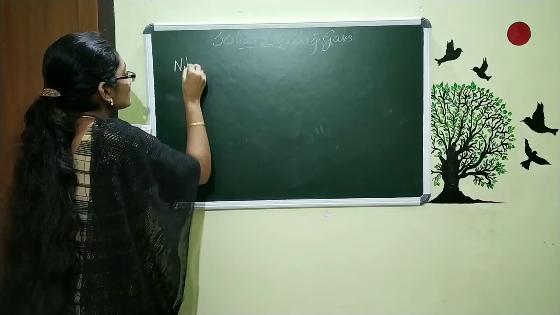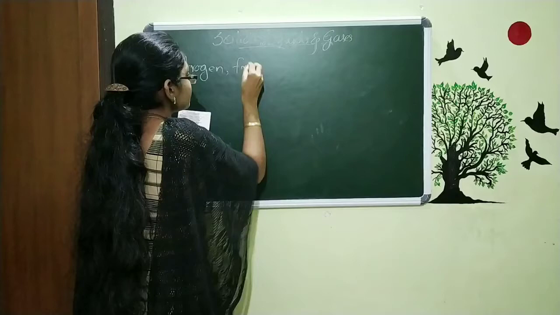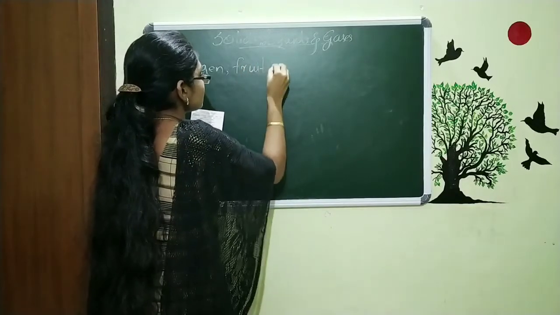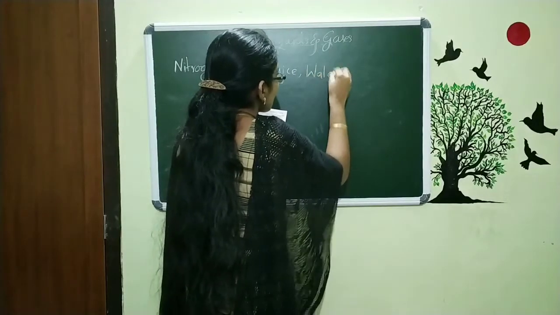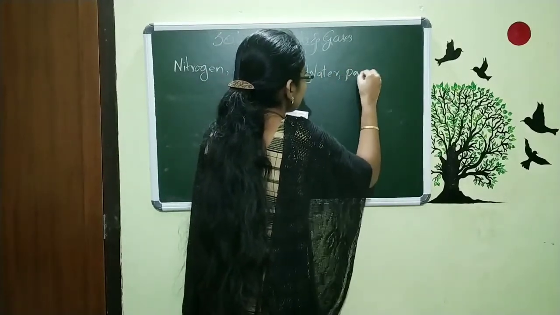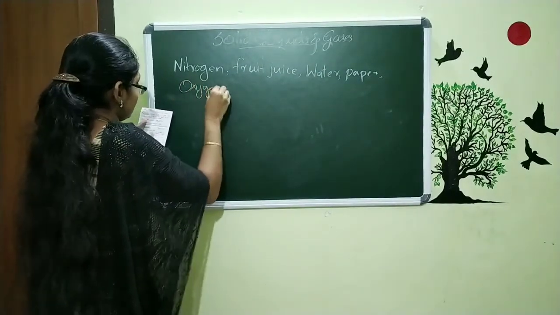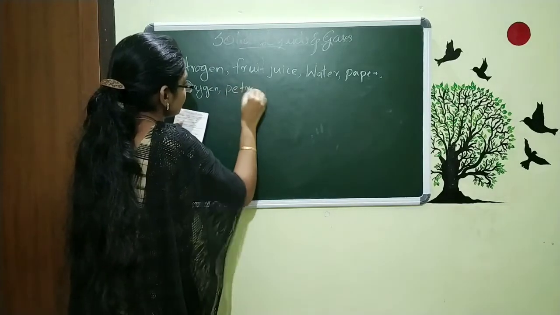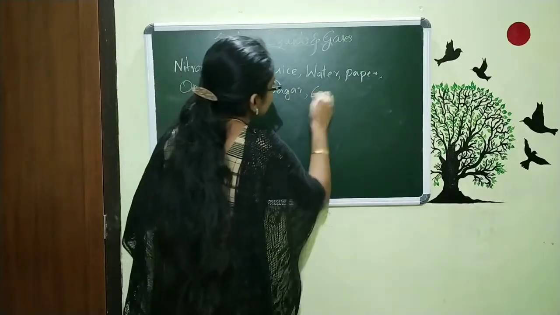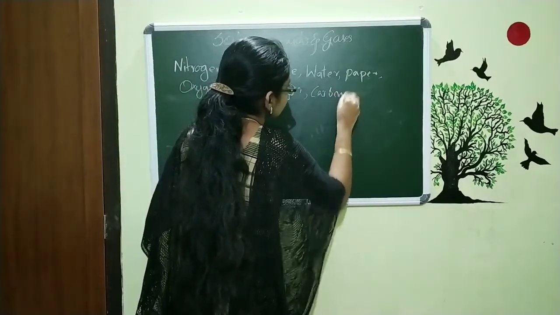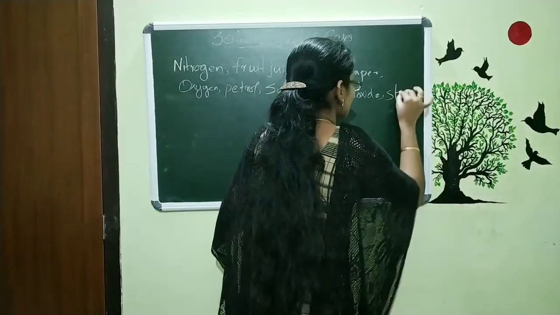Nitrogen, fruit juice, water, paper, oxygen, petrol, sugar, carbon dioxide, and stone.